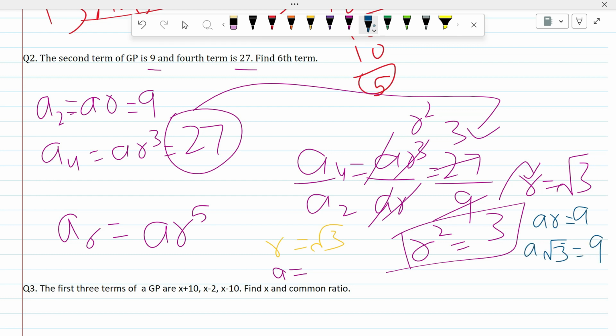This will be equal to 9. Now A will be equal to 9 upon under root 3.